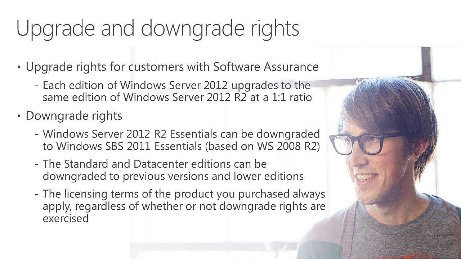So if you purchased Windows Server Standard and then downgrade an instance to running Windows Server Essentials, and you install that as a virtual machine running on your Windows Server Standard server, as an example, that does not mean that you suddenly got the Windows Server Essentials licensing rights.